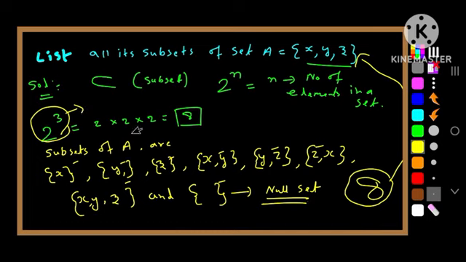So 2 to the power of 3 is 8. So simply you have to write the individual elements here. X is one subset, Y, Z. Next, XY, YZ, and XZ or ZX. So next you have to write XYZ as well as null set. So this is the answer.